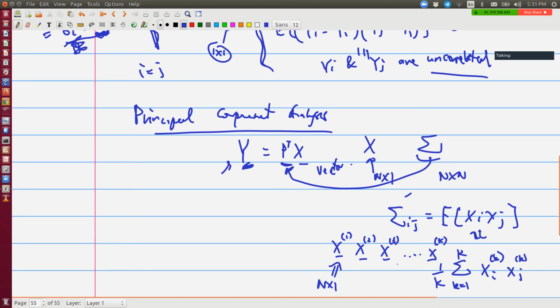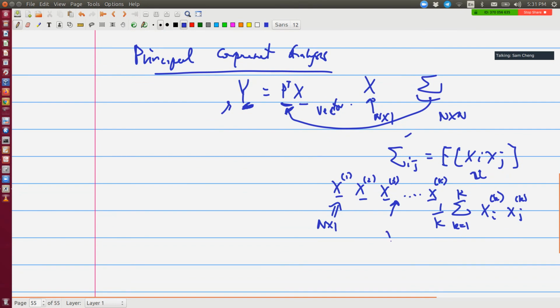For example, here I have big K of them, so many of them. In the middle, maybe I have a sample x_k, and this k-th sample is a vector, right? It's an n by 1 vector. Then I have an i-th element here and a j-th element here. The i-th element will be x_ik, and this will be x_jk. Yes.